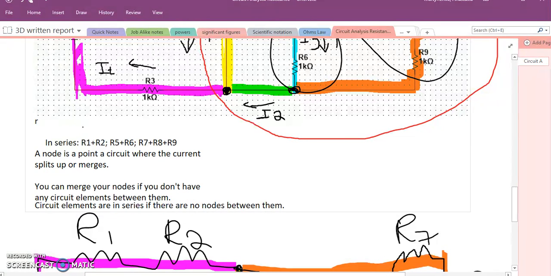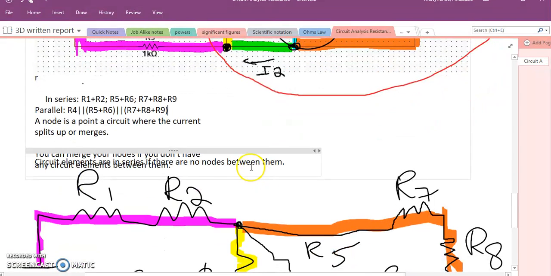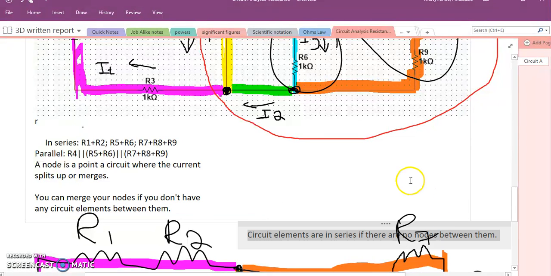So parallel is R4 parallel, in parentheses, R5 plus R6, and this is all parallel R7 plus R8 plus R9. Okay, very straightforward. All right.